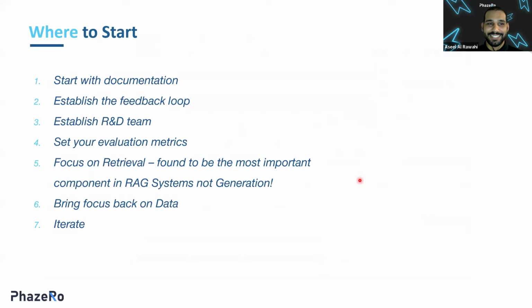So where to start? I would really advise to start with documentation. Look at how you want to construct your application, what kind of use case you are trying to solve, and what kind of data you have. And then start with establishing a feedback loop. This would allow you to iterate much quicker in your RAG application and make it very specific to your domain data.